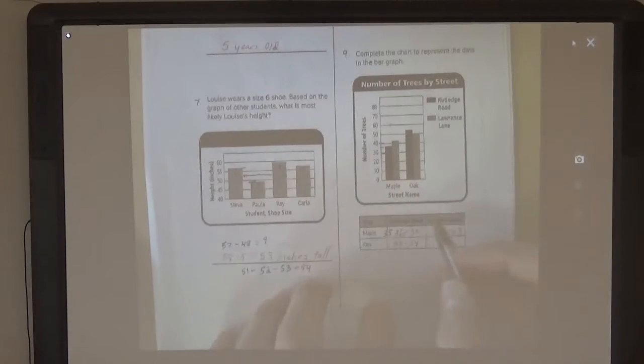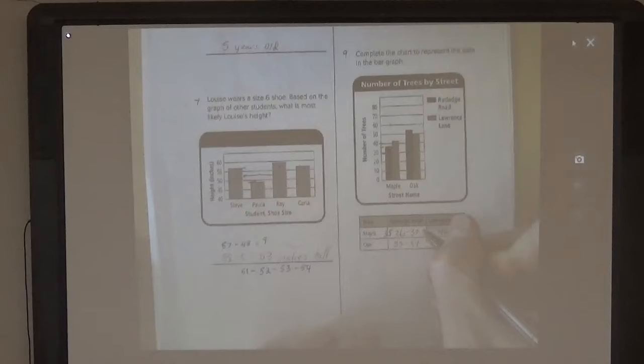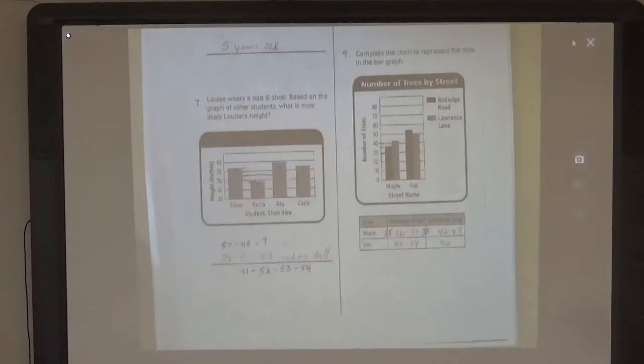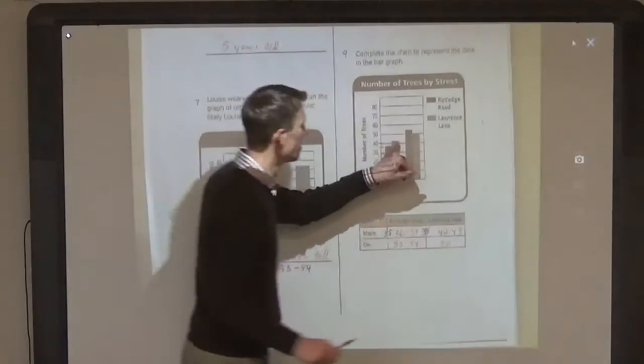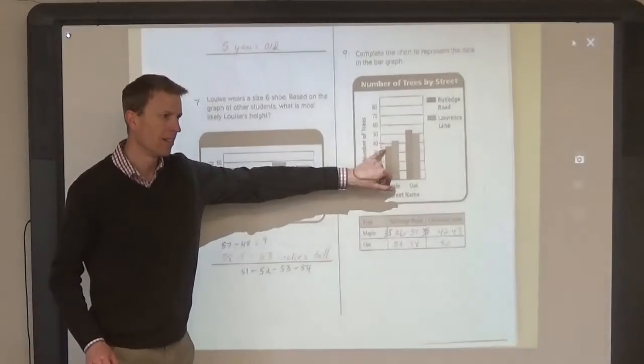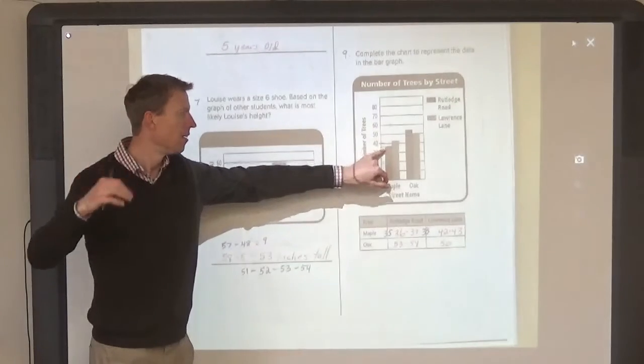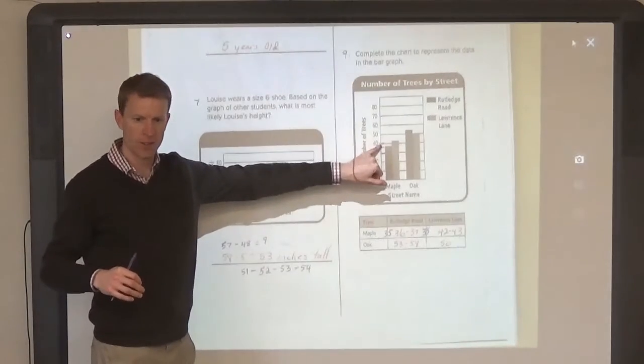So 36 to 37 might be the best range. 38, I would accept 38 as well on the high side. What about 39? No, when you look in between here, it's just past halfway. So 38 is really on the high side of that estimate. Okay?